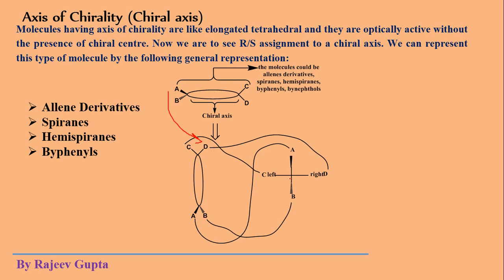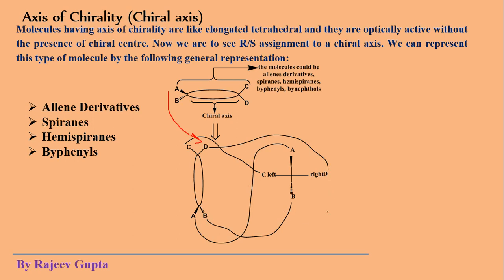Now how will we define RS? According to the RS system and CIP rules, first we have to give priority order to these four substituents.